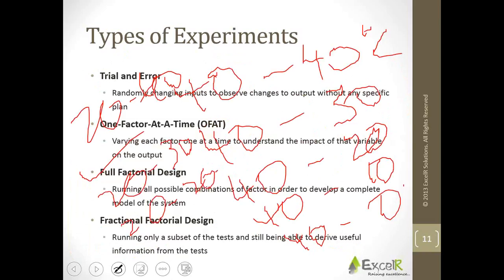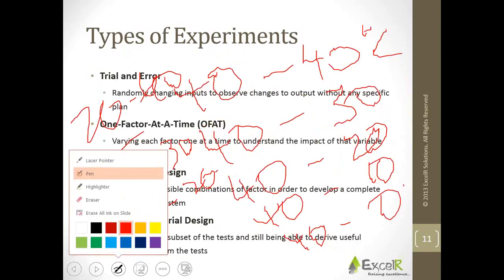So if I'm going to run each and every experiment in this way, it is called full factorial design, running all possible combinations of factors in order to develop a complete model of the system.